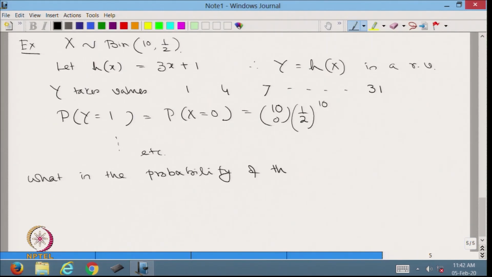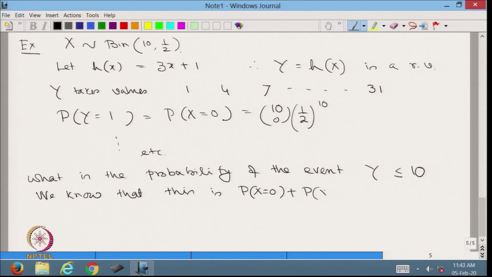So, what is the probability of the event Y less than or equal to 10? We know that this is probability X is equal to 0 plus probability X is equal to 1 plus probability X is equal to 2 plus probability X is equal to 3.